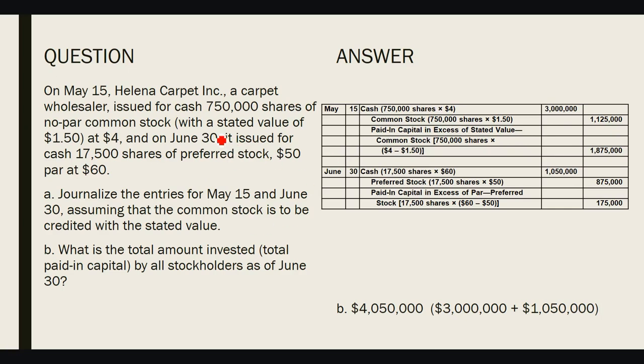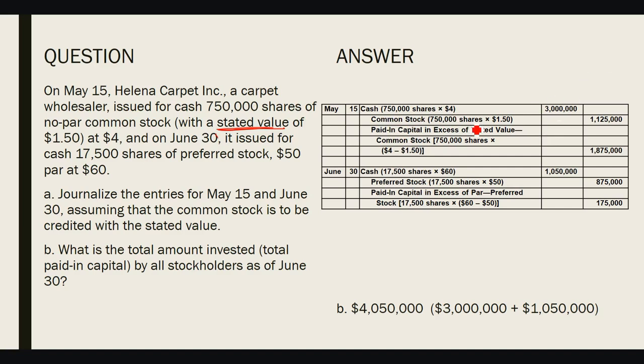Helena Carpet is a wholesaler, issued for cash 750,000 shares of no par common stock, but it did have a stated value. So this one has a stated value of $1.50. So we sold them for $4 each, and it issued for cash 17,500 shares of preferred stock that had a $50 par. We sold them for $60. So let's record this journal entry. So we see that the cash that came in, the shares that were issued, 750,000 shares at $4, which is the market price. So it's $3 million.